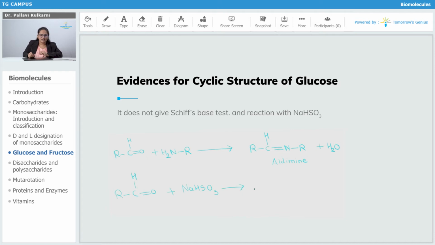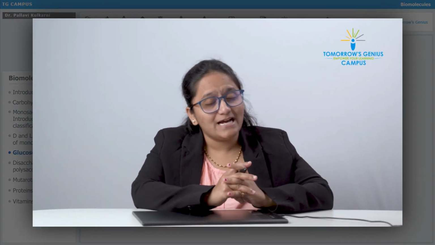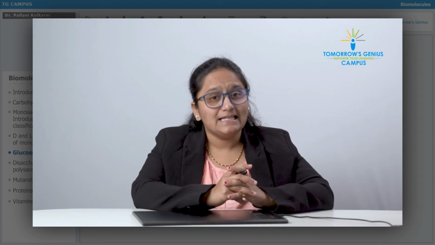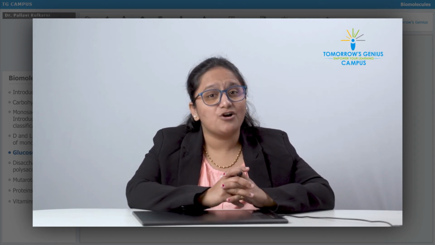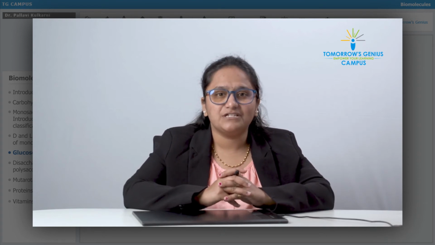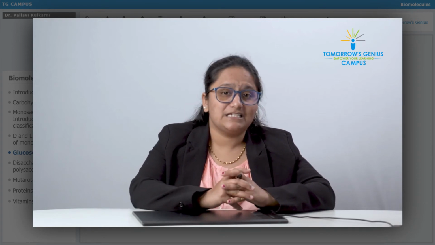Let us see what the structure of that is. This is the structure of the sodium bisulfite addition product. Glucose is not forming the bisulfite addition product. That means the CHO group in glucose is not free. This is the evidence for the cyclic structure of glucose.